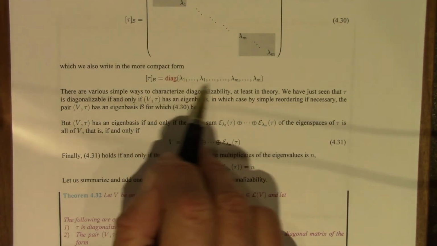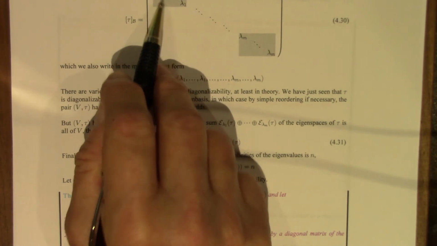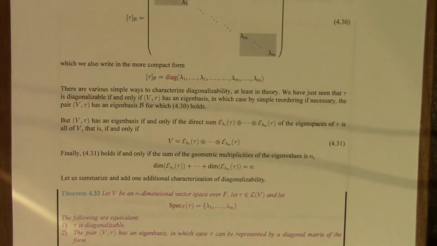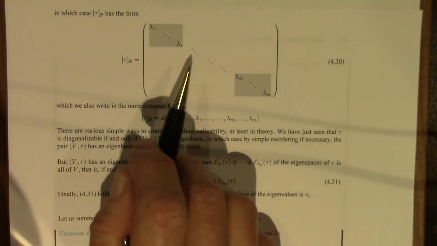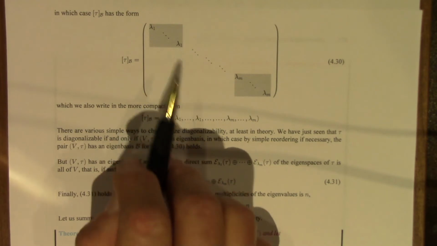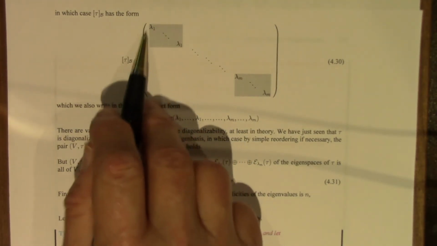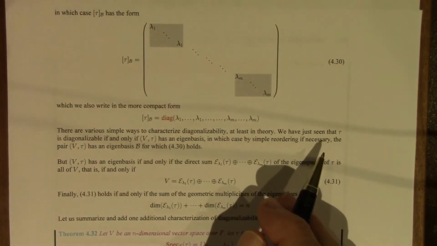And again, this is a somewhat more convenient way to express this matrix representation. So if tau is diagonalizable, it has an eigenbasis. We simply order the eigenvectors in the eigenbasis to collect all the eigenvectors together that correspond to a single eigenvalue. Okay.